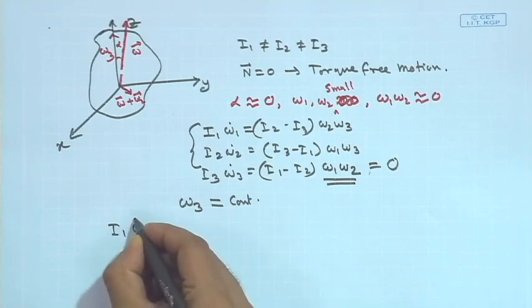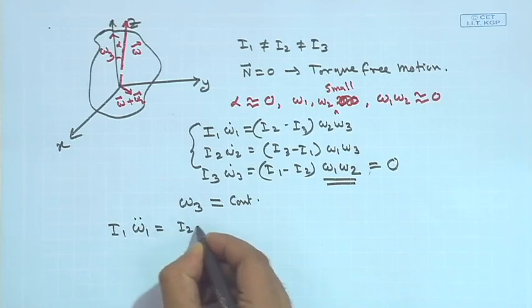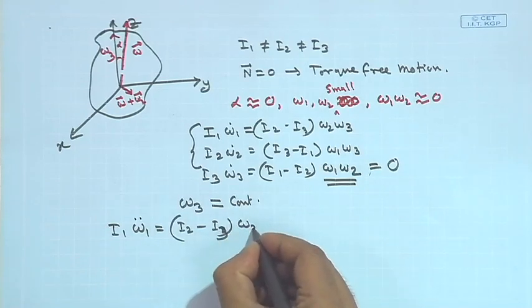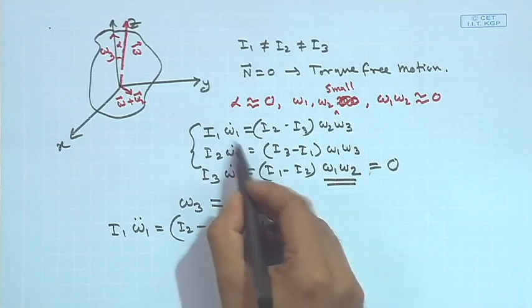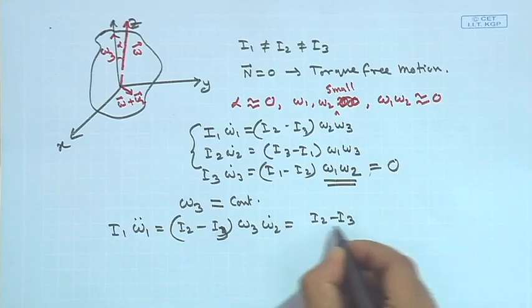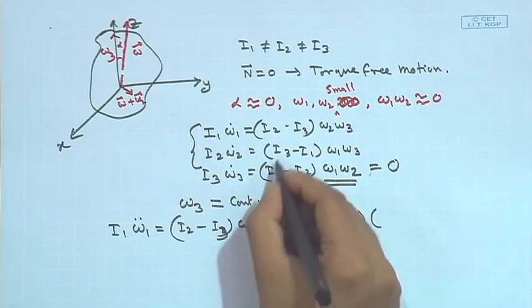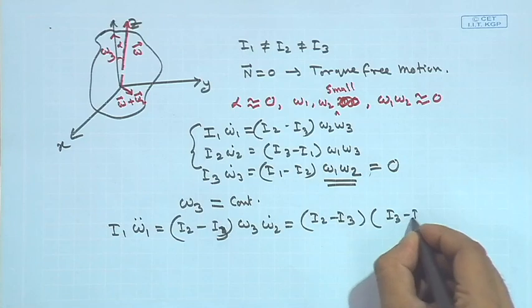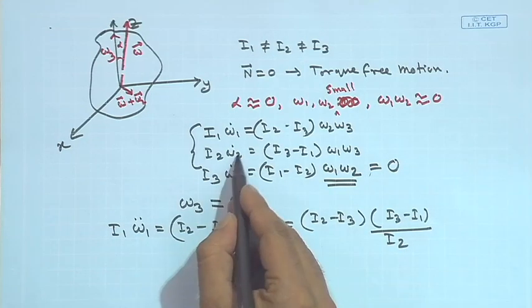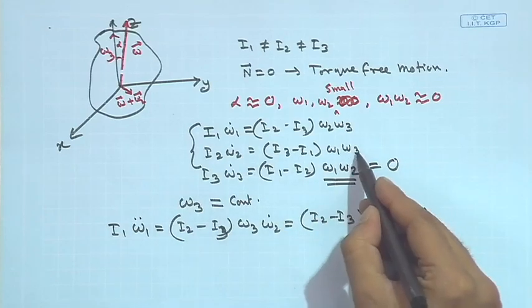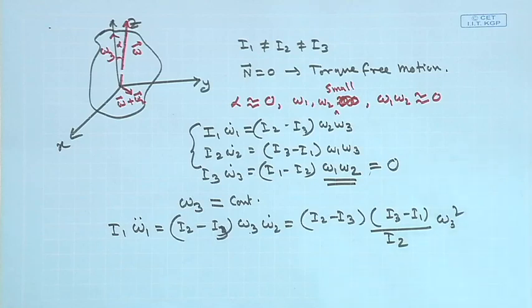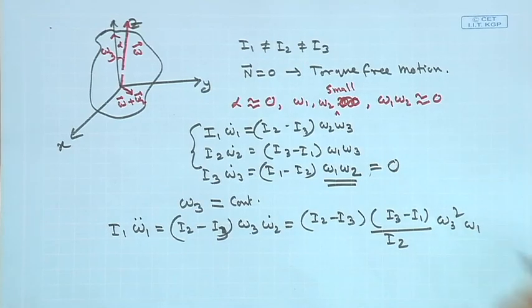We can set omega 1 double dot is equal to (I2 minus I3) omega 3 omega 2 dot over I1. Now, omega 2 dot will be (I3 minus I1) divided by I2 times omega 3 omega 1. Okay, that is the value of omega 2 dot from this equation, and also omega 3 here will give you omega 3 square, and of course there is omega 1.